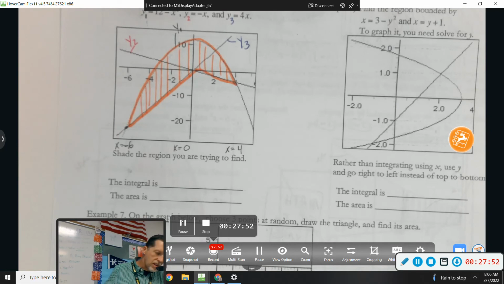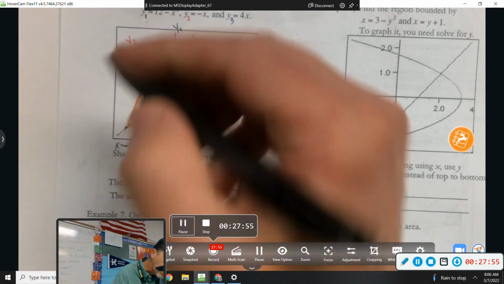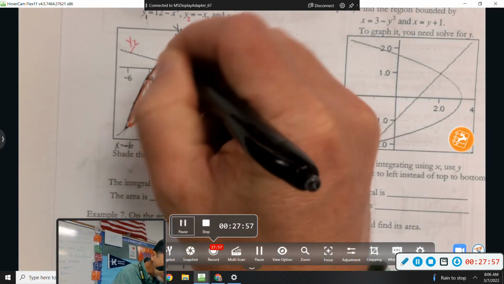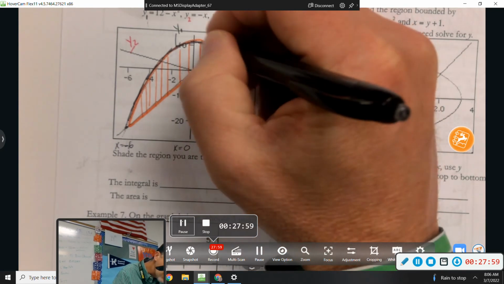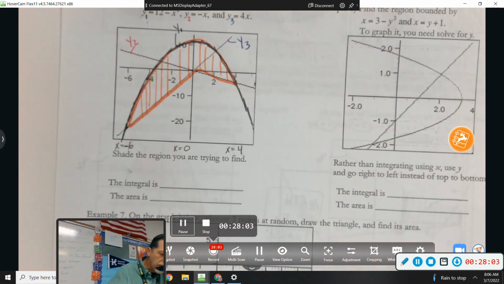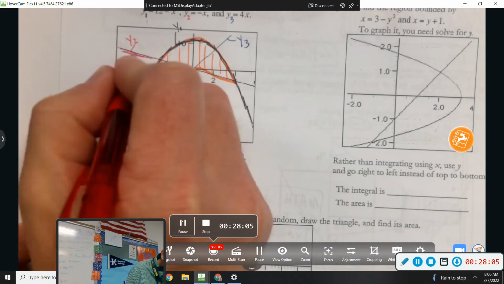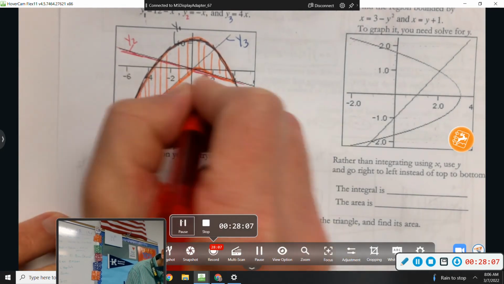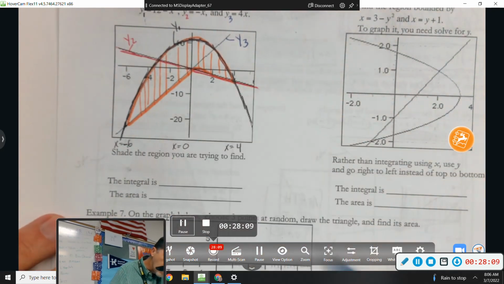It might have been better if I'd have colored the. So y1 is the black one. y2 is the red one. And y3 is my blue one.